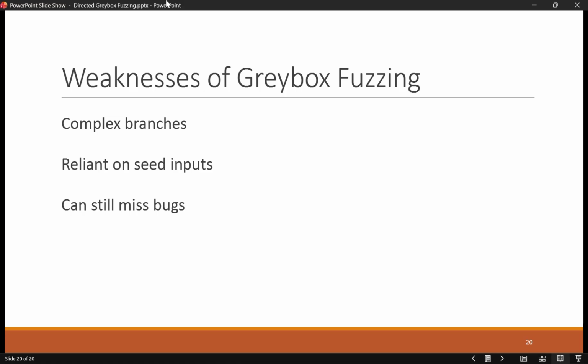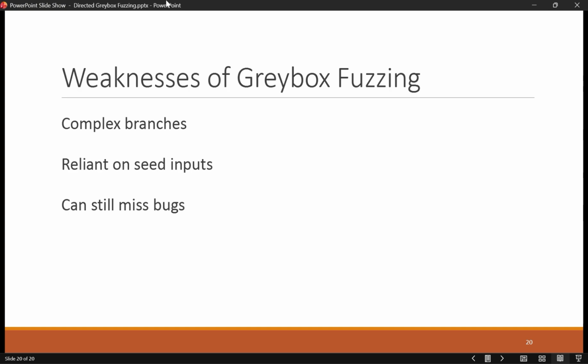Additionally, as with normal Greybox fuzzers, it is still reliant on how good your seed inputs are. The seeds and how effective they are at increasing coverage and approaching targets can have a big impact on how your fuzzer is able to find those targets.